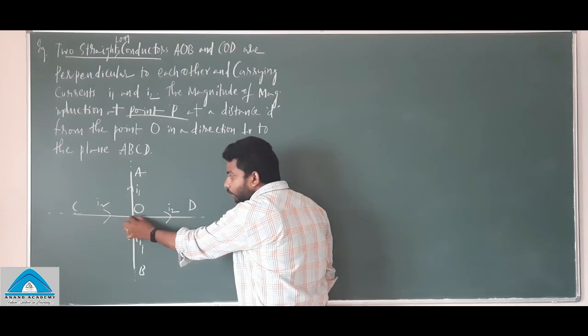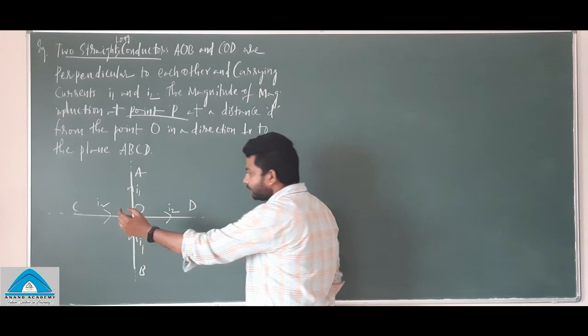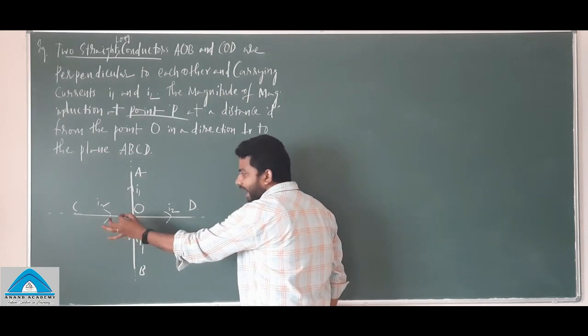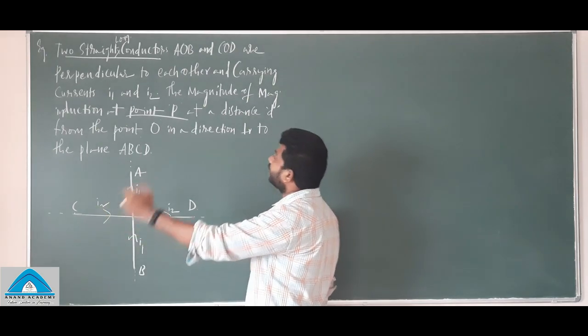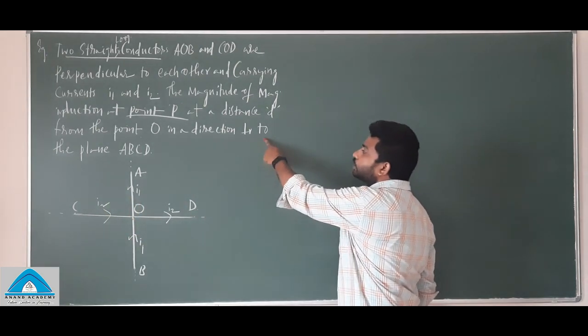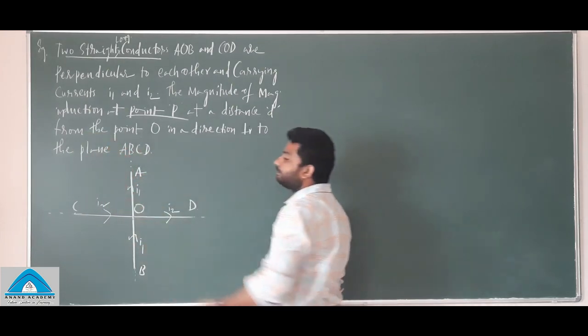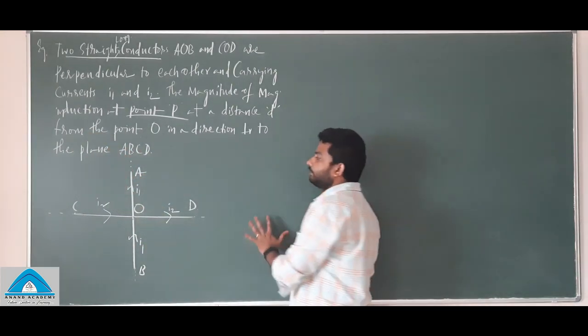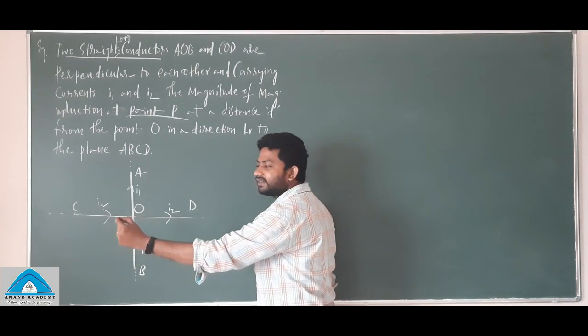From this point O, at a distance D, there is a point P located, right? And the point P is located in the direction perpendicular to the plane containing ABCD. Imagine this is the ABCD plane. Perpendicular to this means somewhere here.